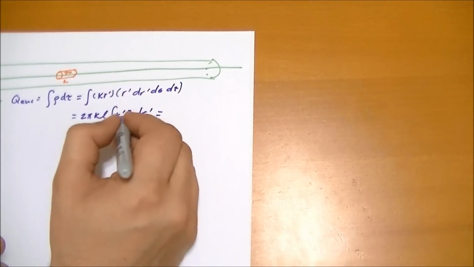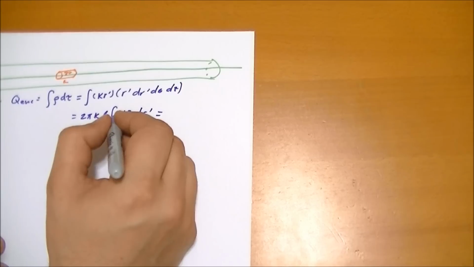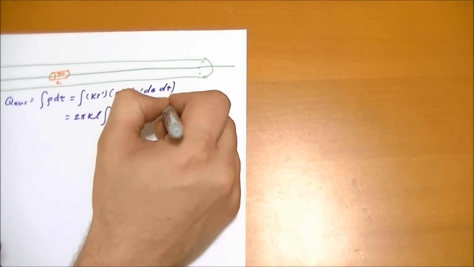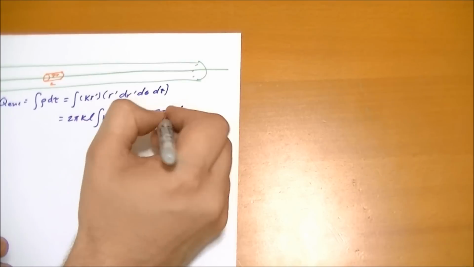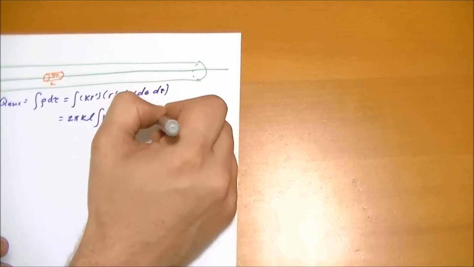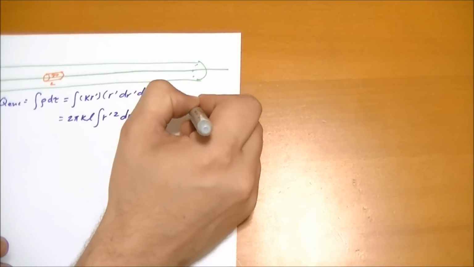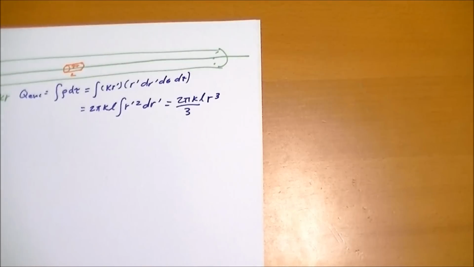So that's just 1/3 r cubed. So it'd be 2 pi k L over 3 times r cubed. Okay, so that's the amount of charge that we've actually captured with this varying charge density.